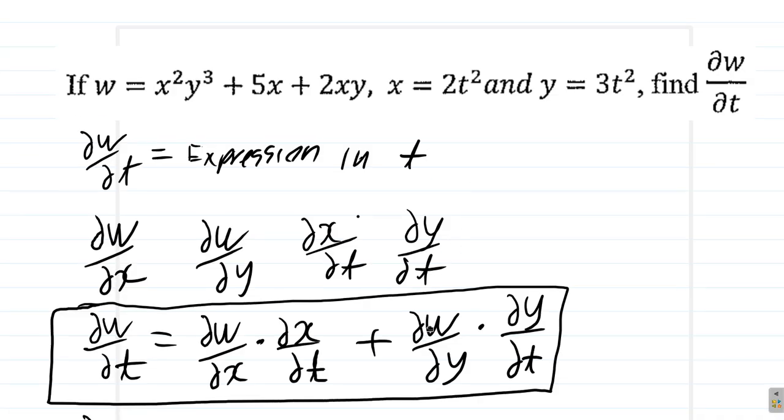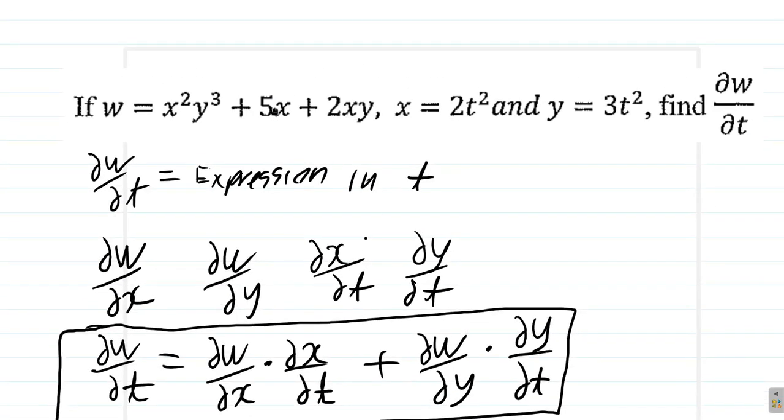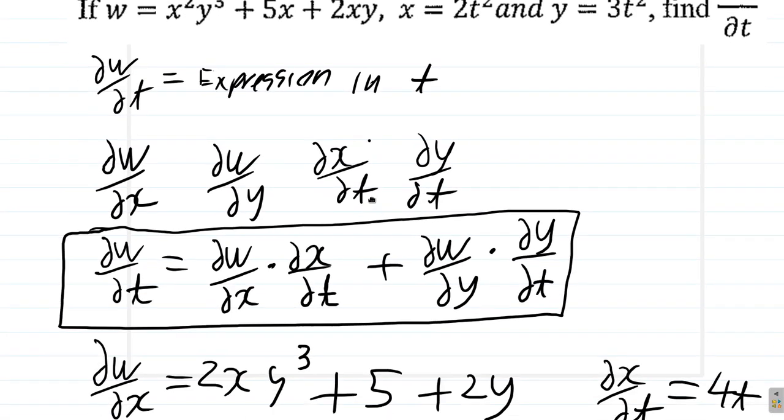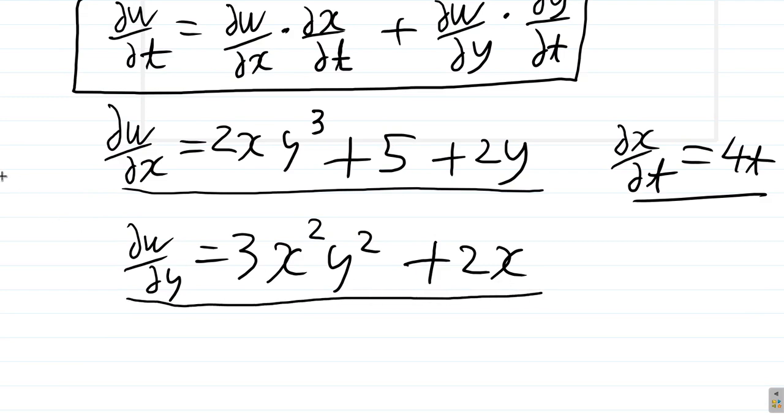So it's 3x squared y squared, plus, well, there's no y here, it's just 5x, so that's 0, plus 2x. Okay, good. So we have that.